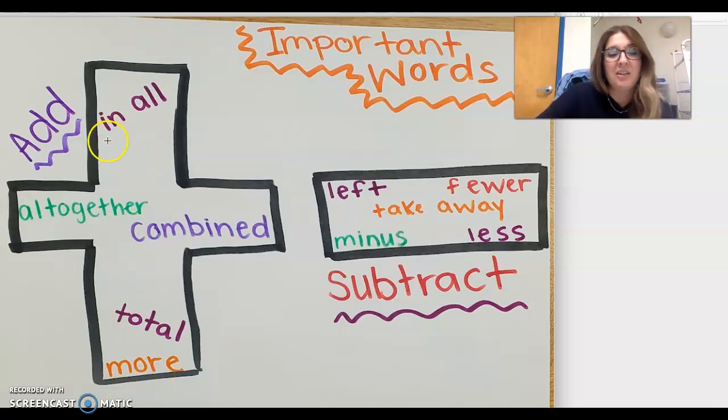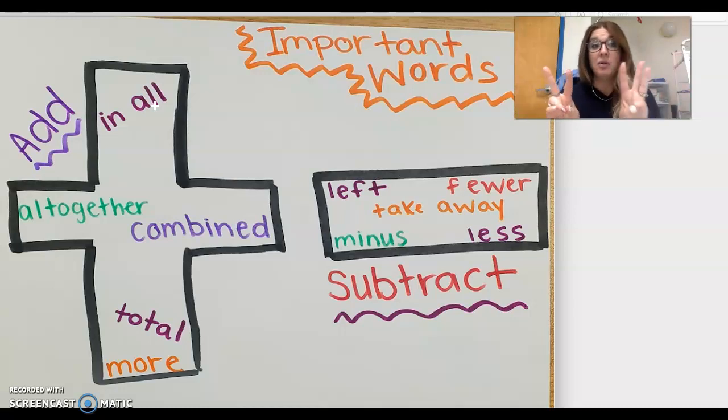We see the words in all. How many do I have in all? So another way that the question could have been said is, I had 2 apples. I got 3 more apples. How many apples do I have in all?